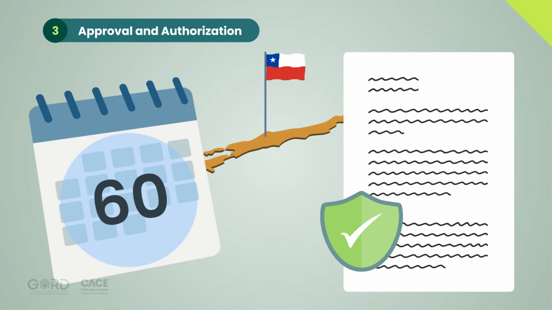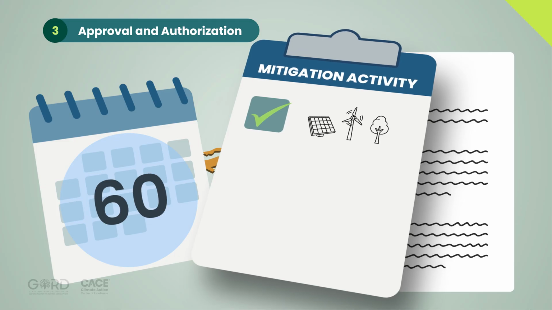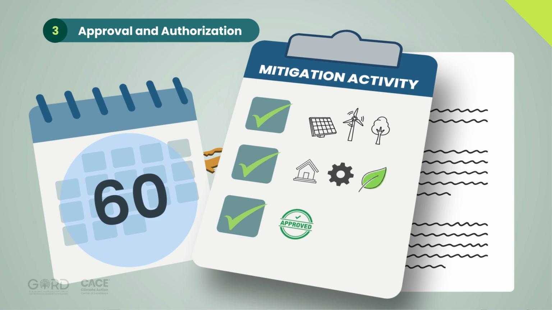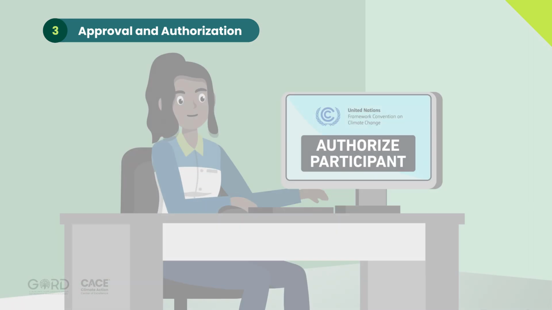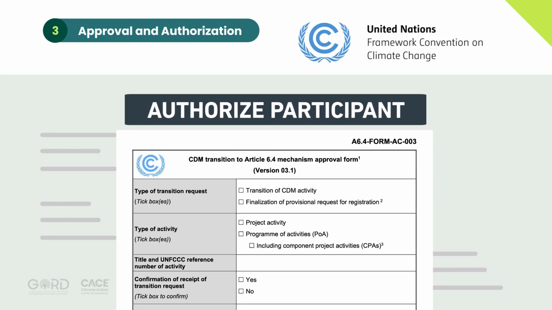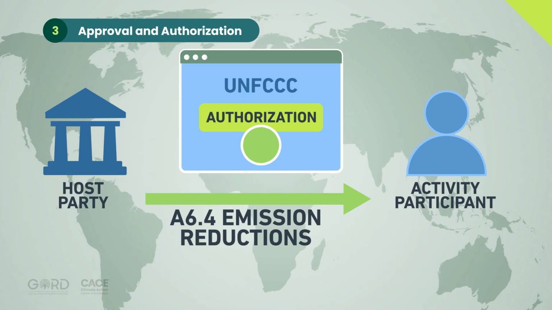This approval must confirm that the mitigation activity fosters sustainable development, aligns with national priorities, and has met all relevant criteria. The host party also has to authorize the involvement of the activity participant through a dedicated interface on the UNFCCC website. This authorization must be given within the mitigation activity's approval.